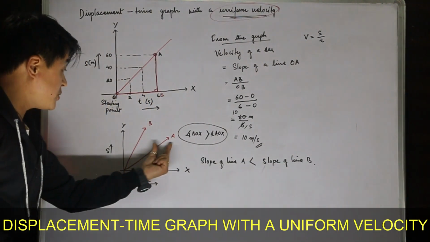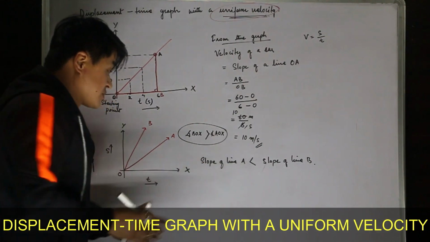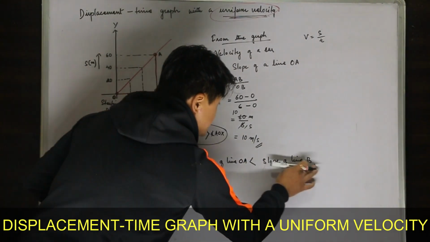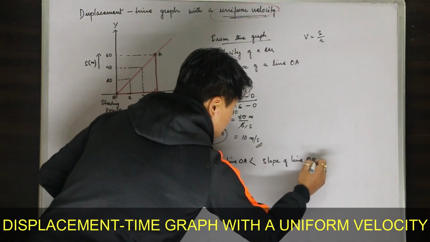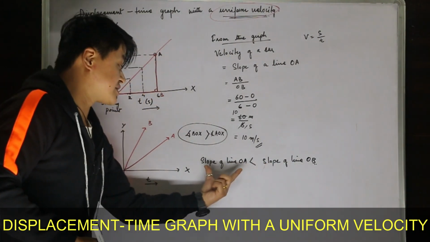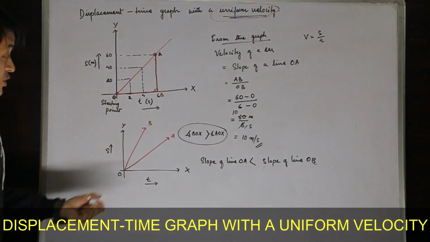So here the slope of line OA is less than the slope of line OB. So that means the slope of line OB is greater than the slope of line OA.